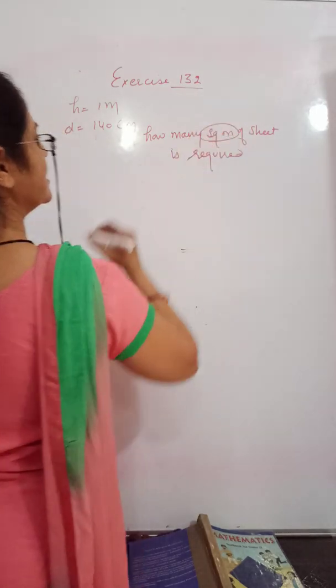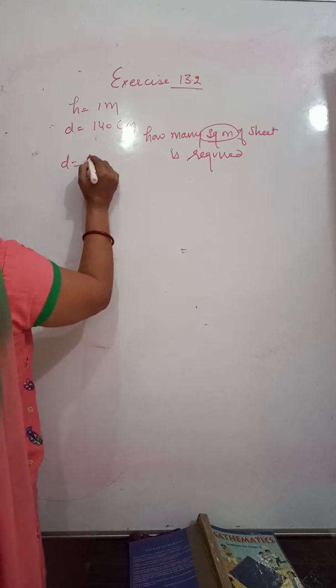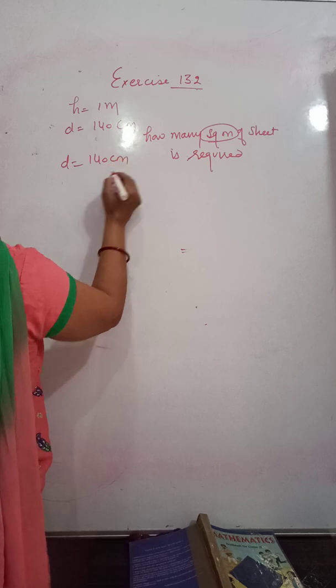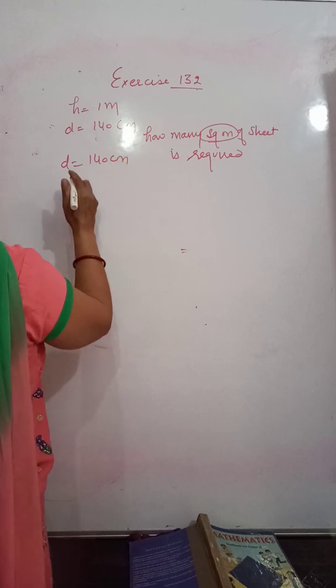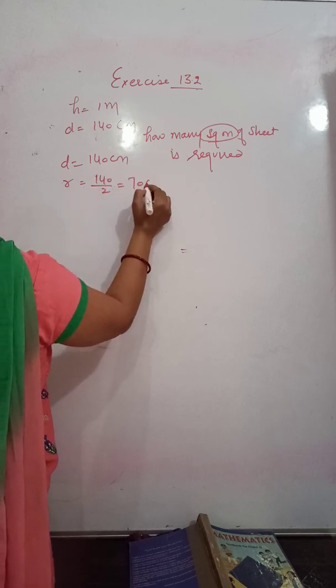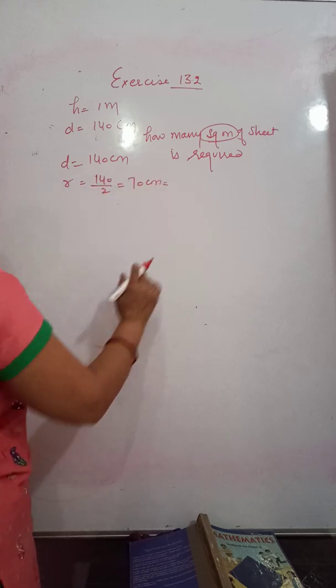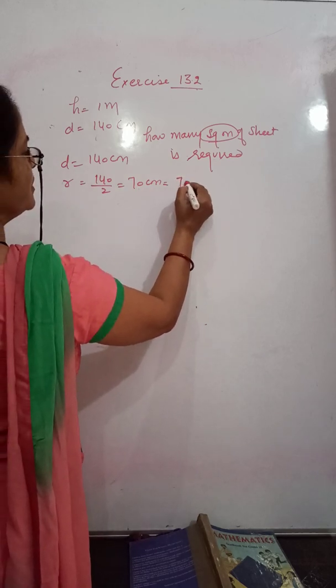Square meter. It means you will find the surface area in square meter. Diameter is 140 centimeter. Radius will be 140 upon 2, that is 70 centimeter. Clear? And this centimeter you convert into meter.